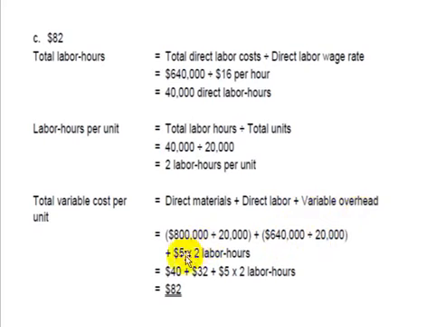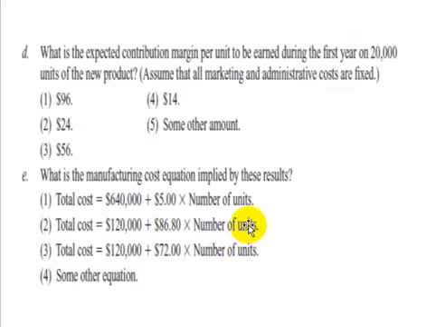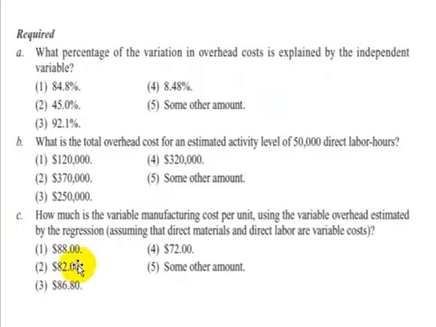Variable overhead equals 5 per labor hour, and the unit needs 2 labor hours, so variable overhead per unit equals 5 times 2 labor hours. 800,000 divided by 20,000 equals 40. 640,000 divided by 20,000 equals 32, and 5 times 2 equals 10, so the total variable cost per unit equals 82. The right answer is number 2.